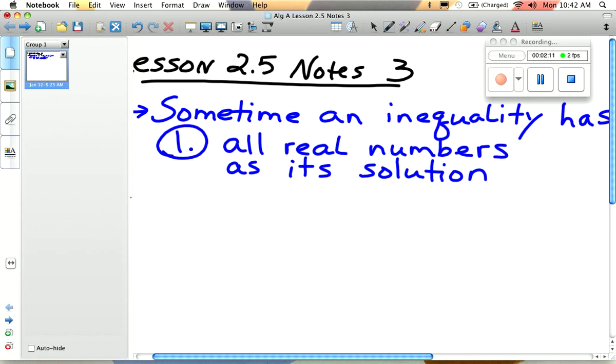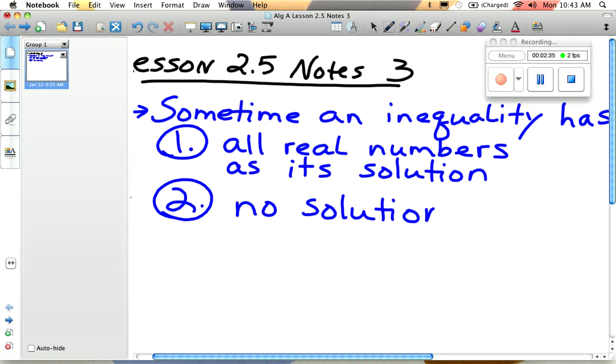So today, here's some good news. When you do find that the solution is all real numbers, you do not have to graph it. You just have to write that the solution is all real numbers. And then the other thing that could possibly happen is that there is no solution to that inequality.